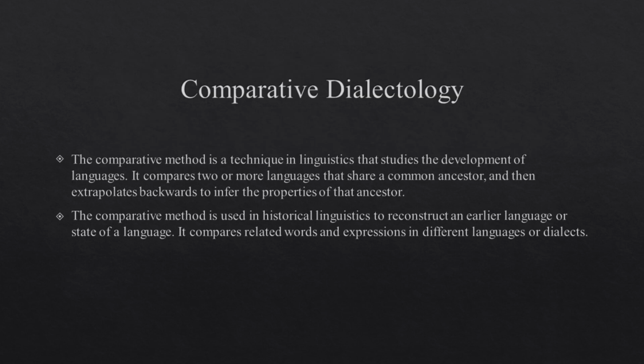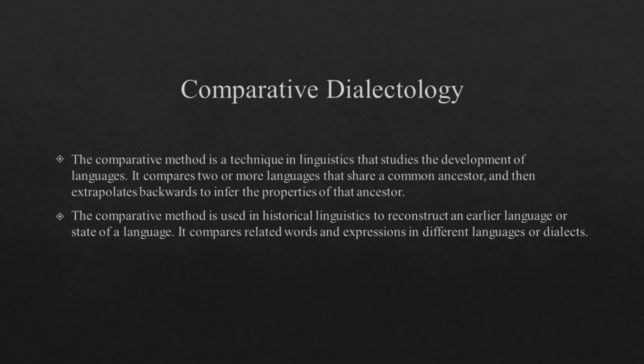Comparative dialectology. The comparative method is a technique in linguistics that studies the development of language. It compares two or more languages that share a common ancestor and then extrapolates backwards to infer the properties of that ancestor.